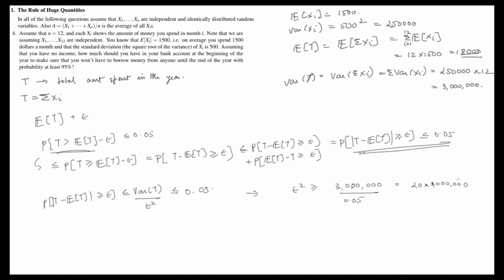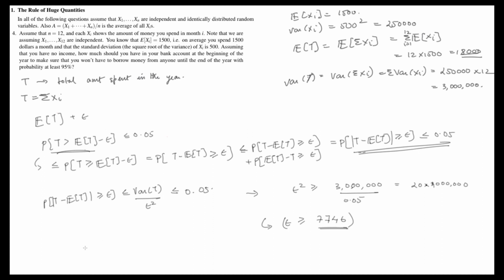When we do some calculation, this gives us epsilon greater than or equal to 7,746 of sorts. This is an approximate value, so just plug that into a calculator. If you have to do this on an exam, leaving that as root 60 million is good enough. So now we have the deviation from the mean should be greater than or equal to 7,746.